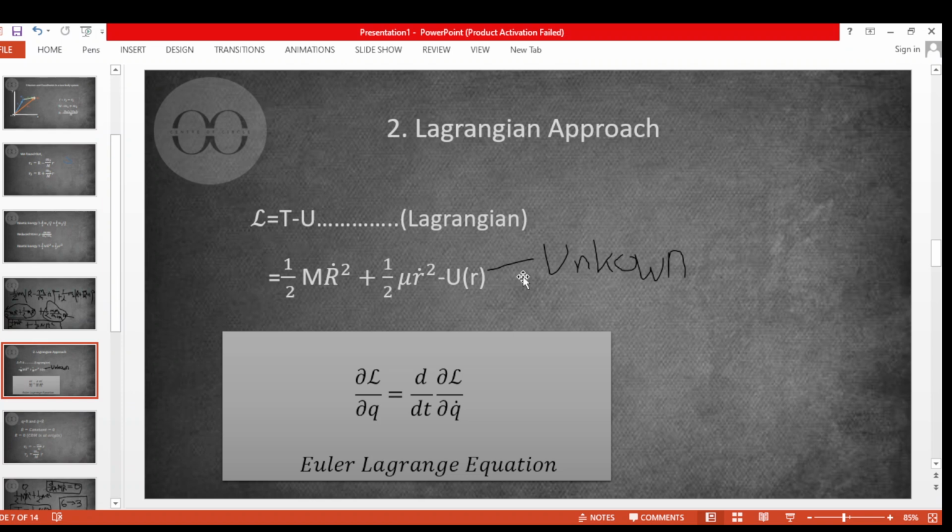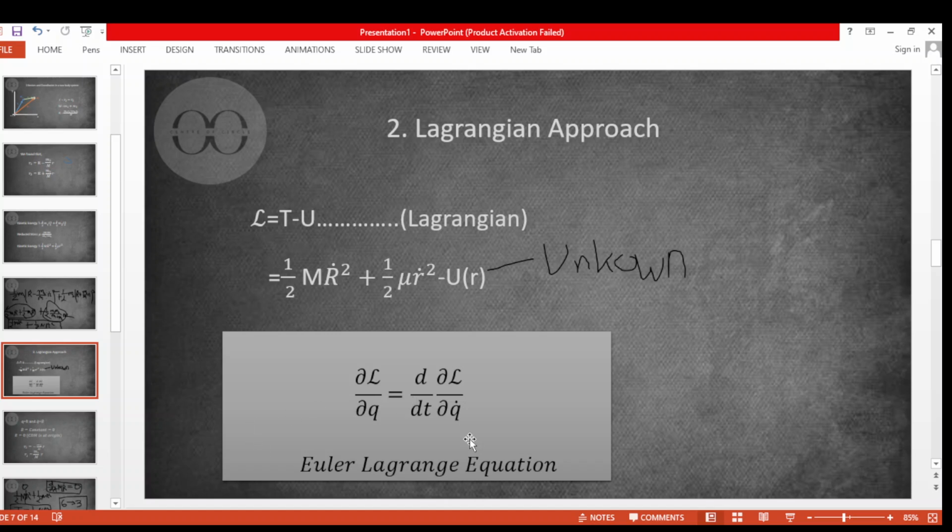And then the Lagrangian approach, we introduced our Lagrangian, which was kinetic energy minus some unknown potential, and then we used the Euler-Lagrange equation, where we declared the variables as the position vector of center of mass and the time derivative of the position vector of center of mass.